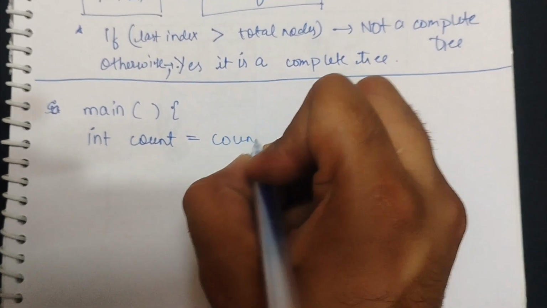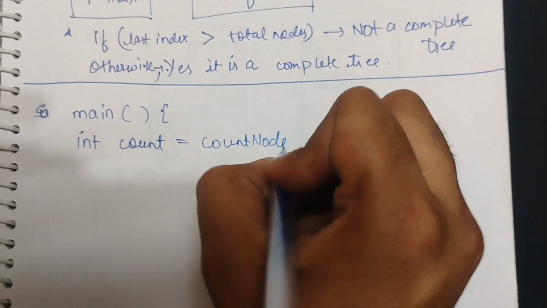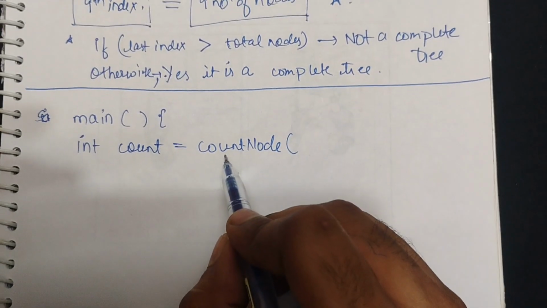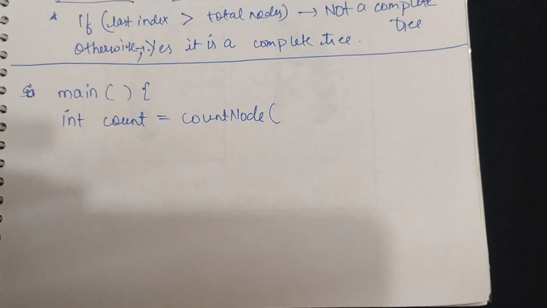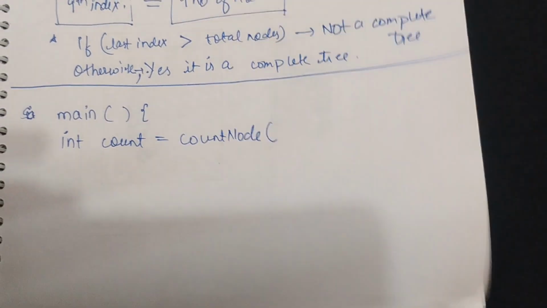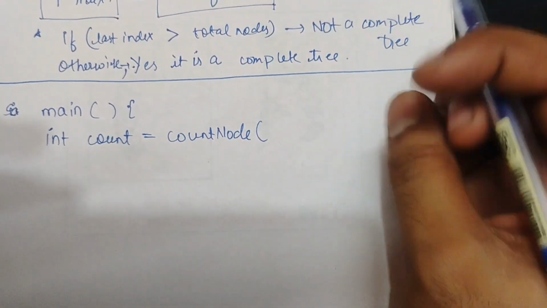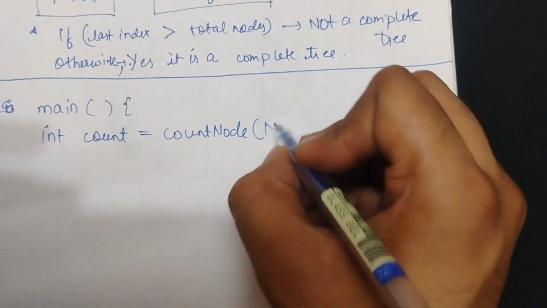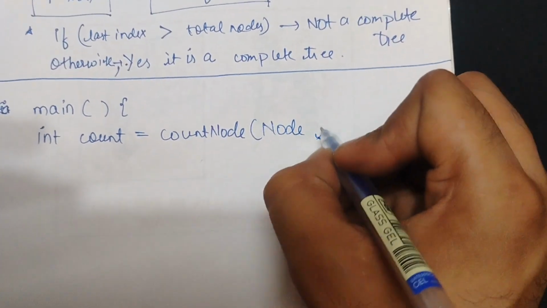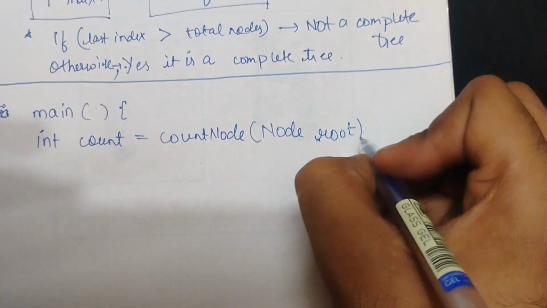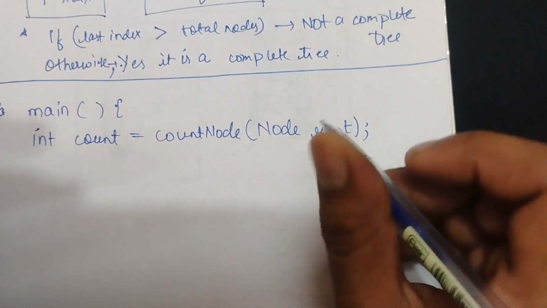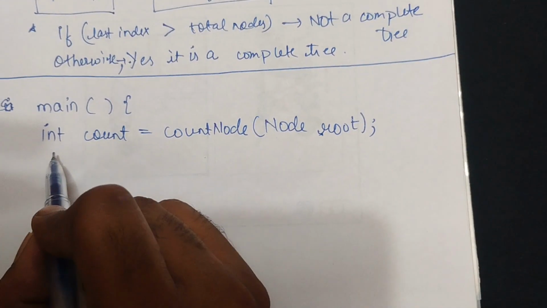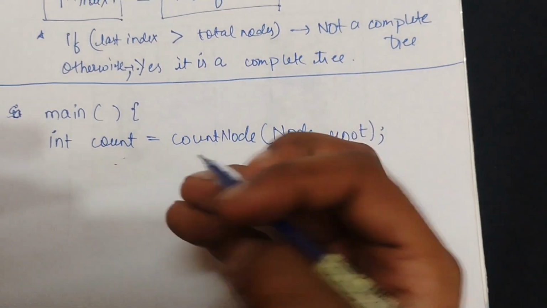We'll make a count node function, and for making this function, I had made a previous video on how to count the total number of nodes. You can watch that. So in this I'll simply pass the root node, and this function will return an integer value, that is the count.